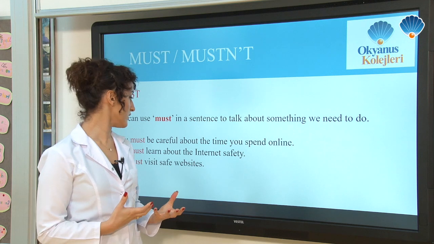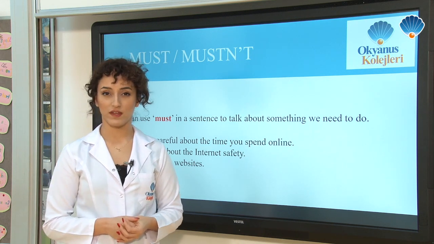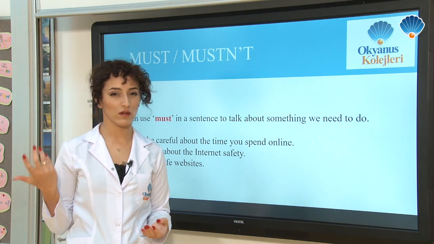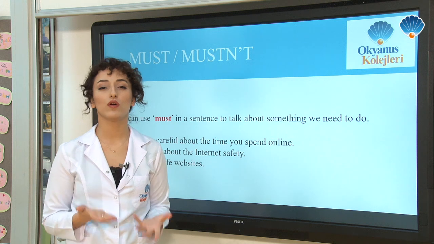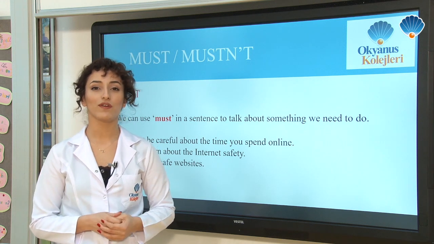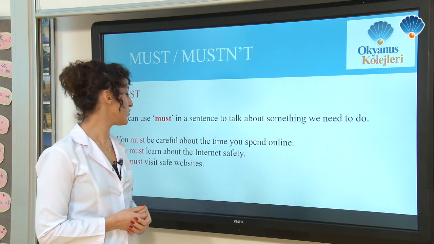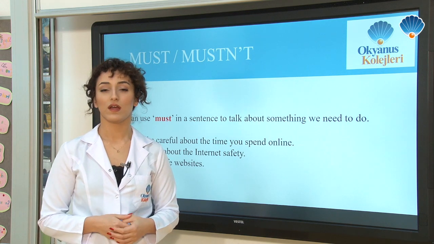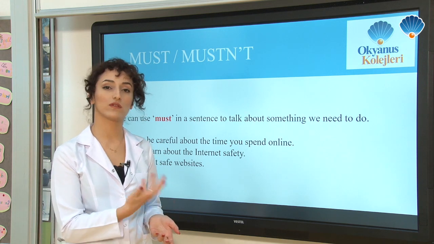We must visit safe websites. Sometimes you can see some websites that you even didn't hear before. That's why you shouldn't click it. And you know that better than me, I'm sure. Then we can say as an advice again, we must visit safe websites. It's an advice again, but also it's an obligation, something we need to do.